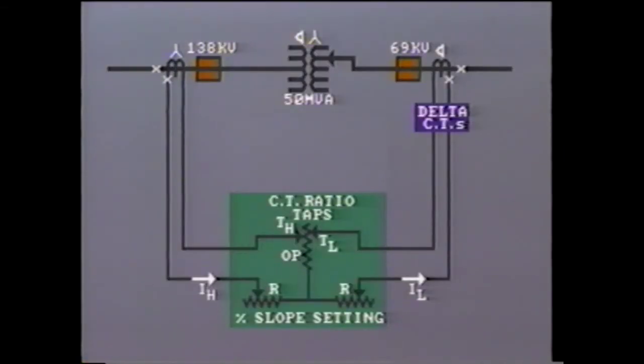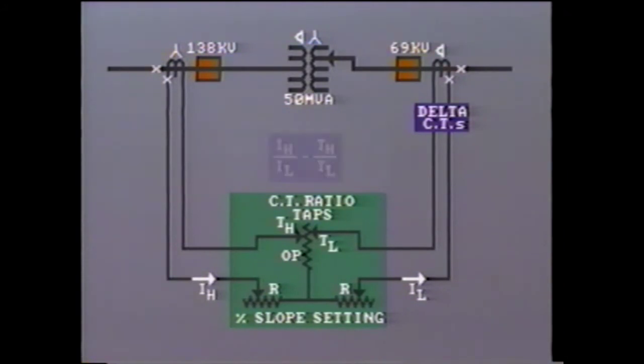In fact, this mismatch can be evaluated by comparing the difference in the ratio of high side current to low side current, against the ratio of high side tap setting to the low side tap setting.